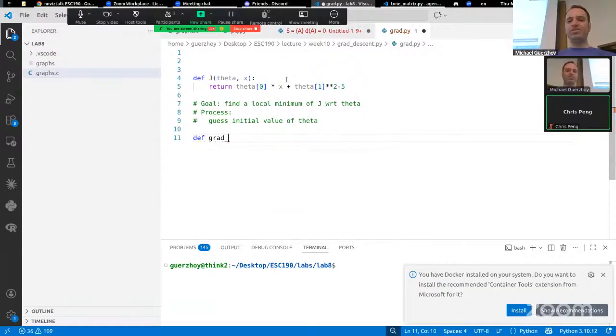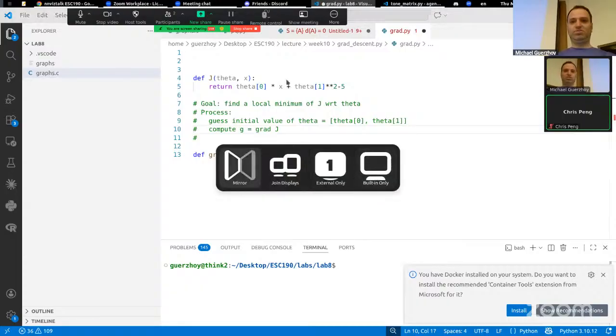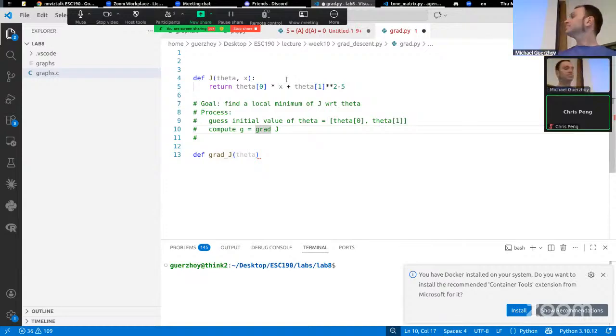So let's compute the gradient of J. So we're going to compute grad J. And we'll follow the gradient.